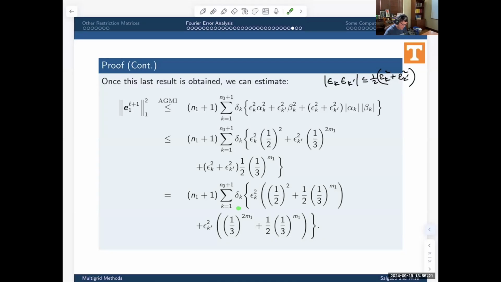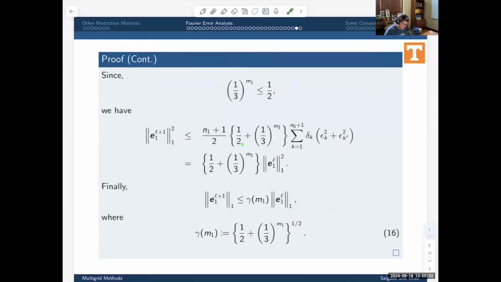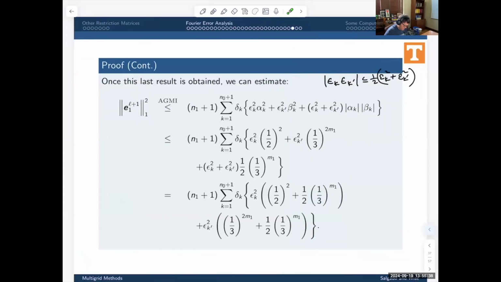Oh, right. So this guy now is going to be less than a half squared, right? Why am I replacing this 1/2 squared with just a half? Is that right? What am I doing here? 1/2. Oh, right.